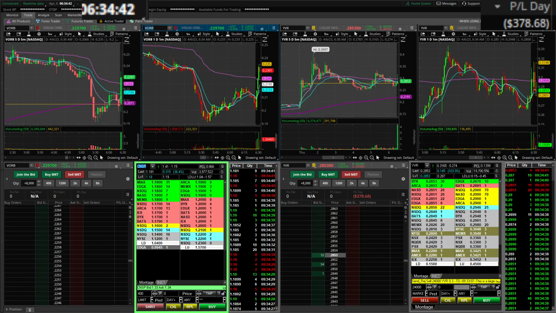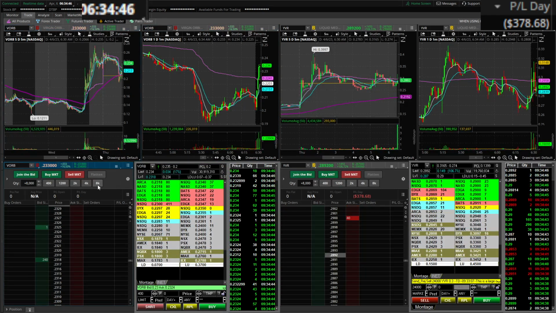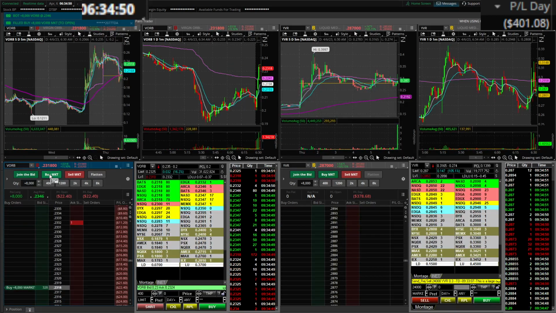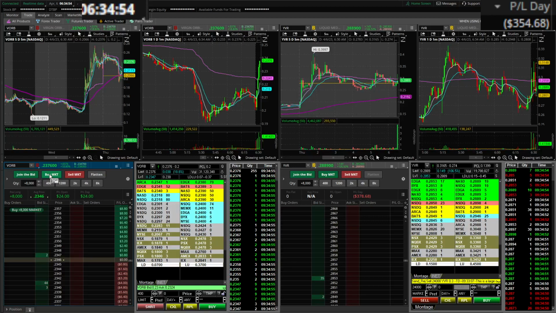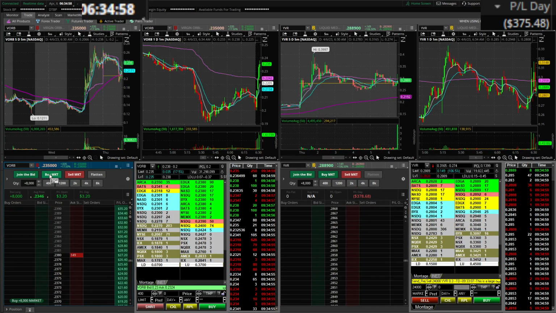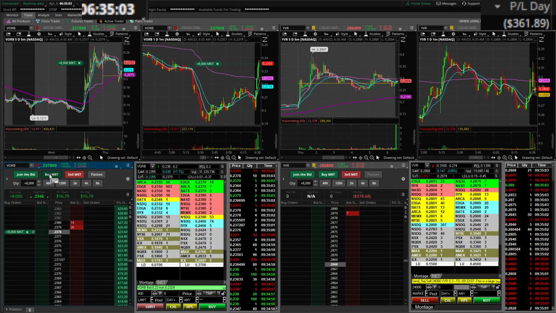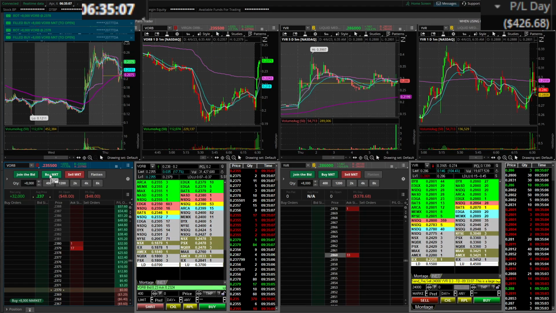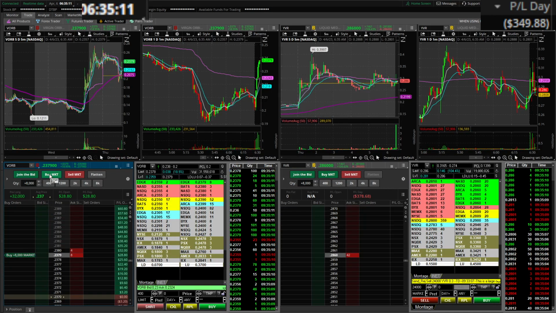Orb is popping up as well. Buyer at 23 on Vorb. Getting a starter here for the break of 23.50. Okay, now watching 24. Buyers at 23.50, adding to the position at 23.80, and looking for this through 24 here.